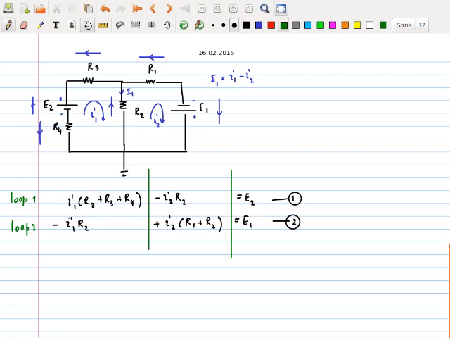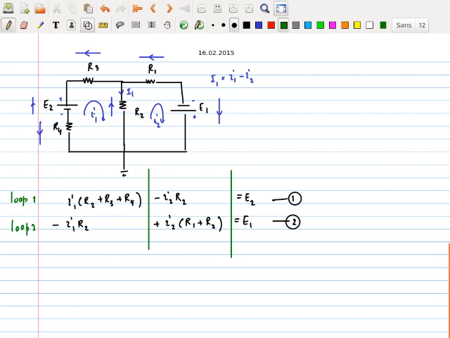This I1 in the first loop gives me all of the resistors where I1 is flowing through them. Just take a look at that loop of I1. You realize R4, R3 and R2 are all hit by I1. So that's why the coefficient of I1 is R2, R3, R4.